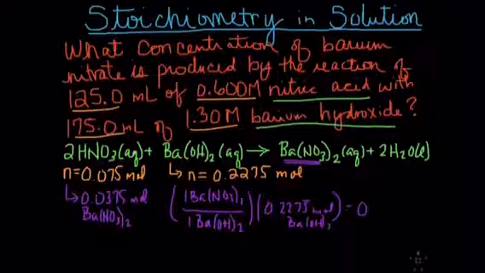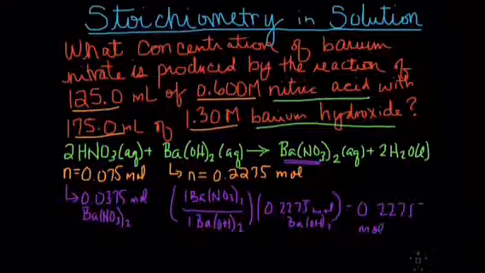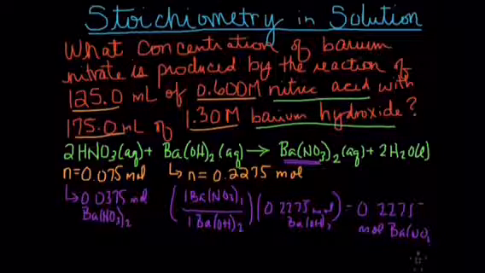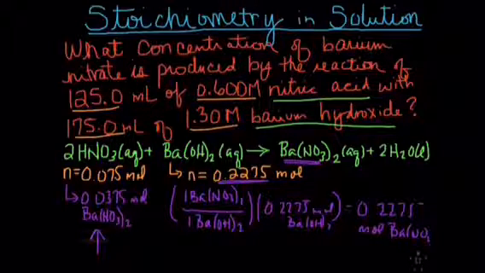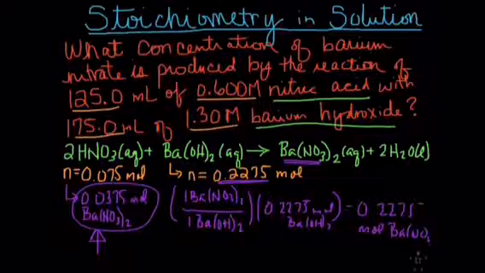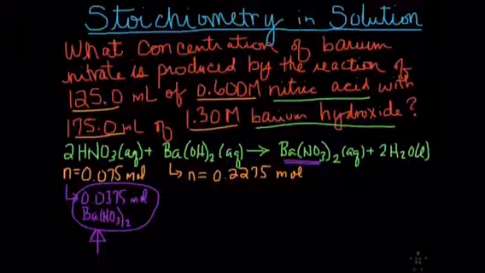So 0.2275 moles of barium nitrate in that case. And so clearly we can make way more if we were to use up this stuff, but this nitric acid is going to get used up far before we use up all that barium hydroxide. So that means that we're going to get, out of this reaction, 0.0375 moles of barium nitrate.